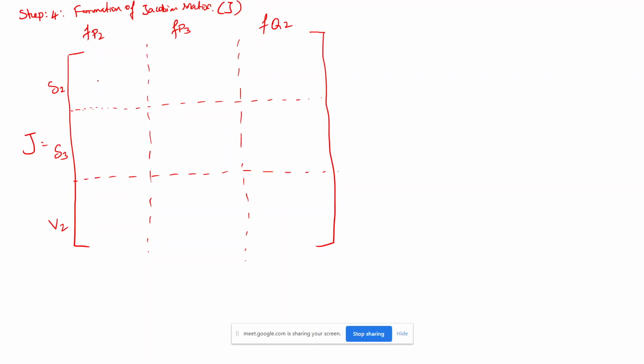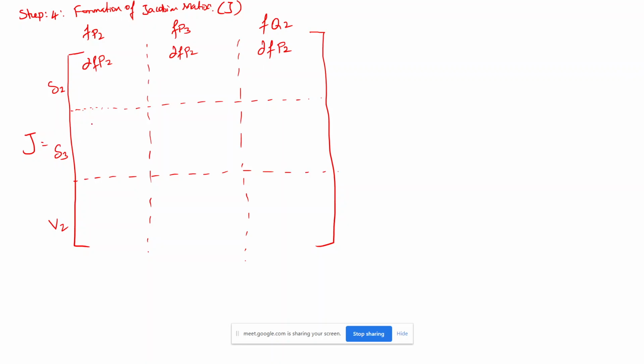If that is the case, the derivative for this first row will be dou FP2, here also dou FP2, and this is also dou FP2.